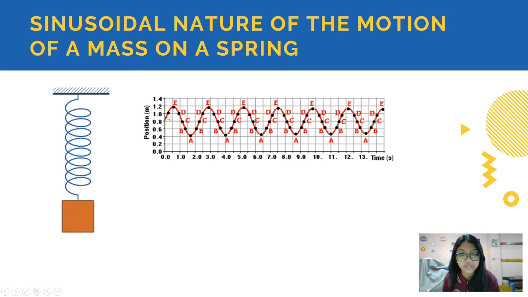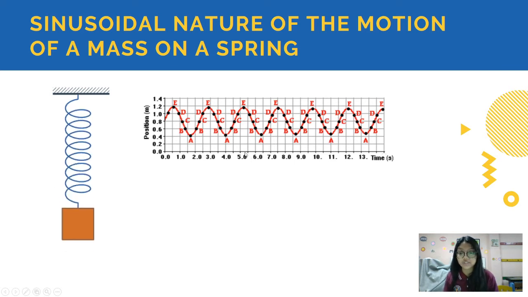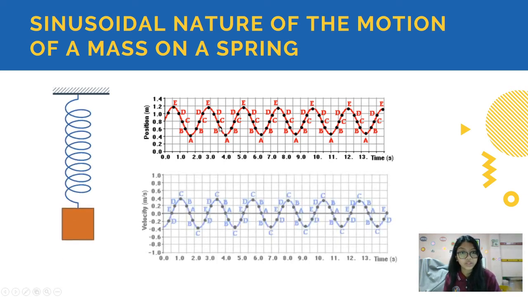If the same motion detector that collected position-time data were used to collect velocity-time data, then the plotted data for A, B, C, D, and E would look like the graph below.